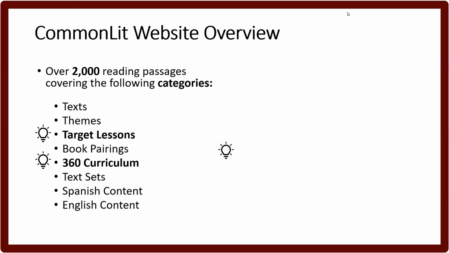It's also going to give you the 360 curriculum. The text sets is another great category. There are passages in Spanish. All of the support materials are in Spanish. How cool is that? And then you have English content.